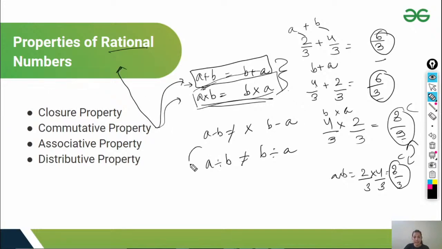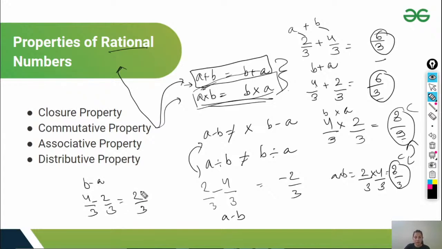Now let's check if there is any such condition in subtraction too, so let's put down the same numbers. So 2/3 minus 4/3, it would be minus 2/3. Okay, this is a minus b. Let's check b minus a. It's 4 by 3 minus 2 by 3. It would be 2 by 3. Now, you can see it's a positive rational number and it's a negative rational number.